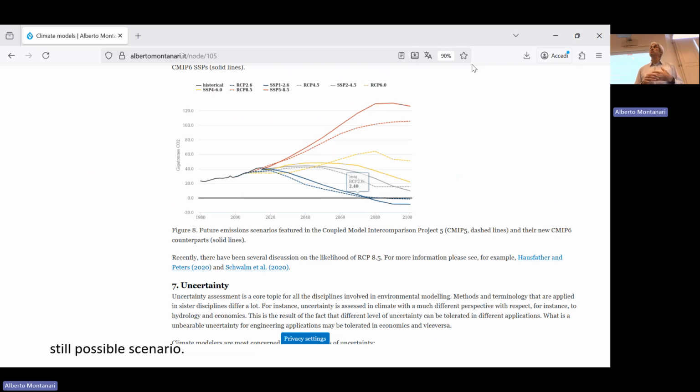But still, I spoke with one of my colleagues in Padua, and he's working on these models, generating now, and he said, still. And so you see that, anyway, it's an important selection. My advice, try to look at both of them and see what's the difference. And I think indeed RCP 8.5 is a bit too much. It's very heavy.